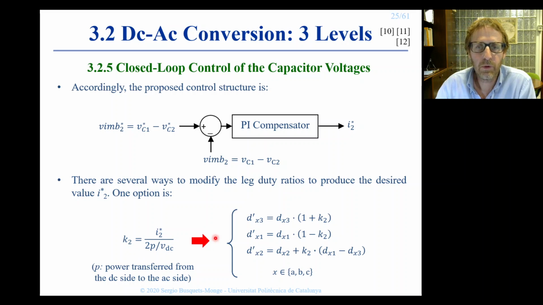And with this normalized value, we can modify the leg duty ratios to introduce the desired neutral point current. We just need to simply multiply dx3 by 1 plus k2, multiply dx1 by 1 minus k2, and then the value of the duty cycle of connection to point 2 can be computed knowing that the addition of these 3 leg duty cycles must be equal to 1.